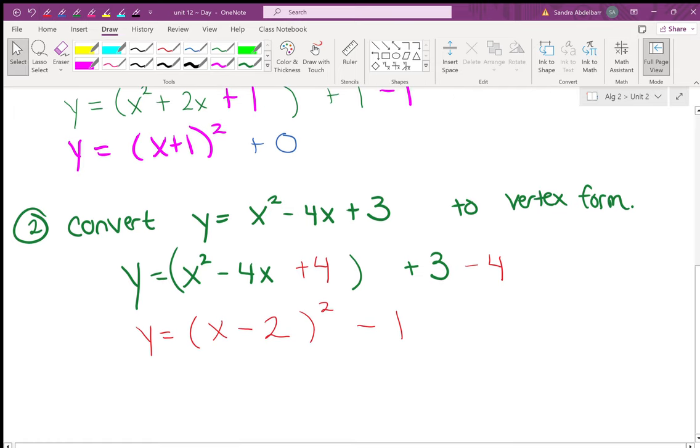Okay, so now let's see what happens when you have a leading coefficient. What do we do when we have a leading coefficient?